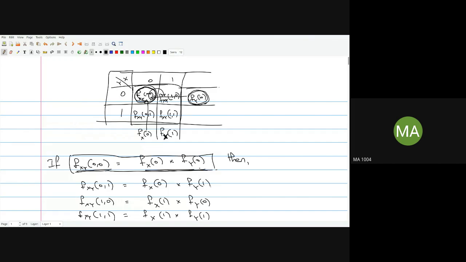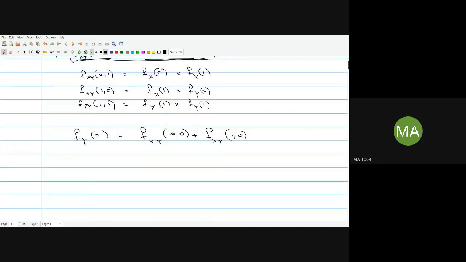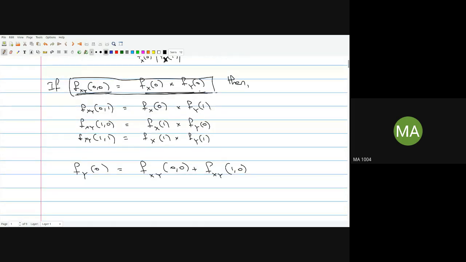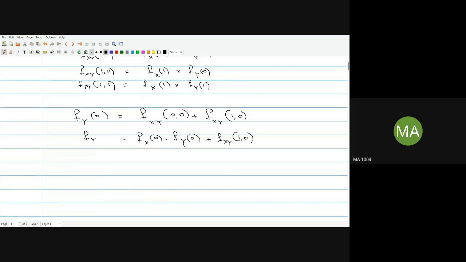Correct? Now Fy of 0 is sum of these two. So write it down. And I know Fxy of 0, 0 is this. Fxy of 1, 0. This is Fy of 0.